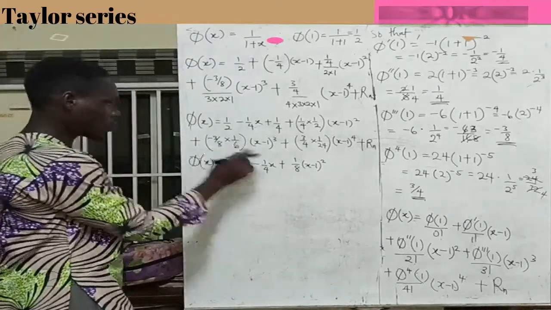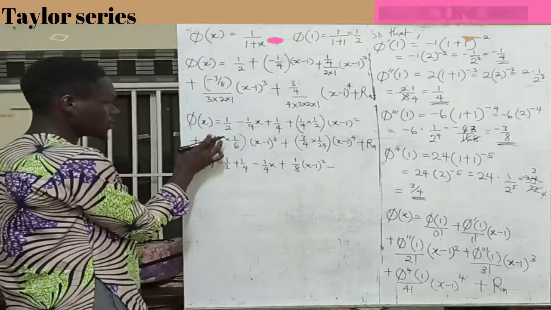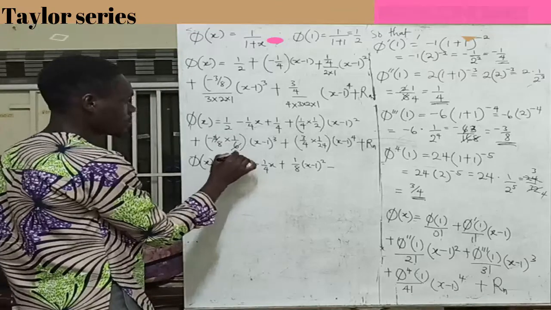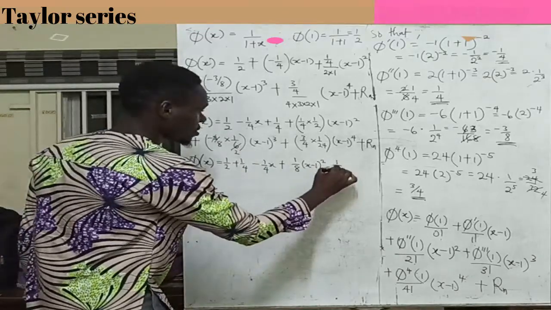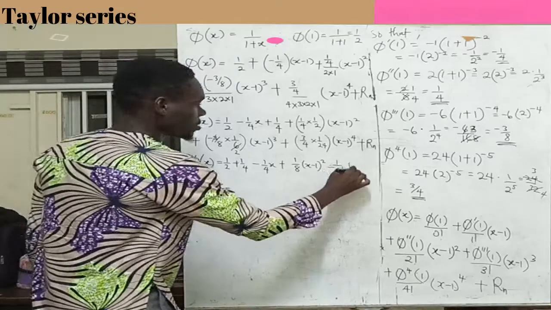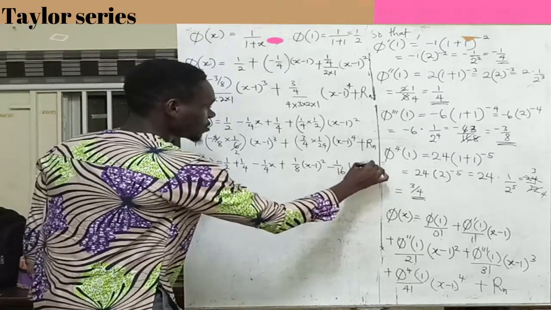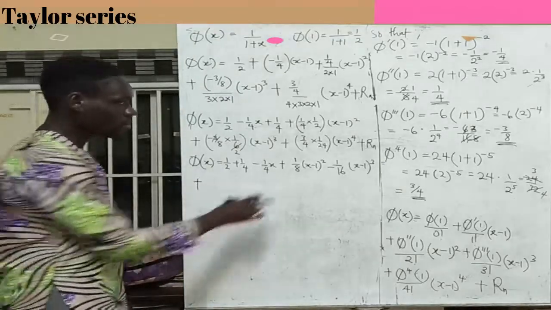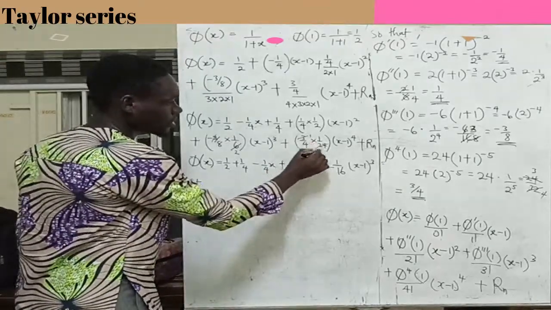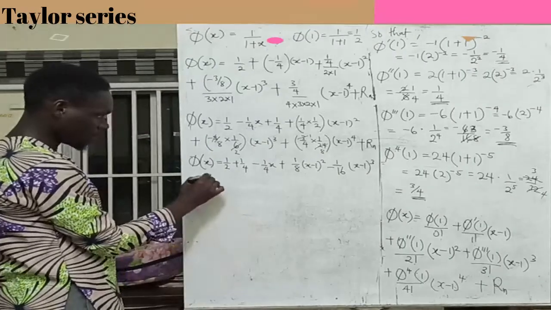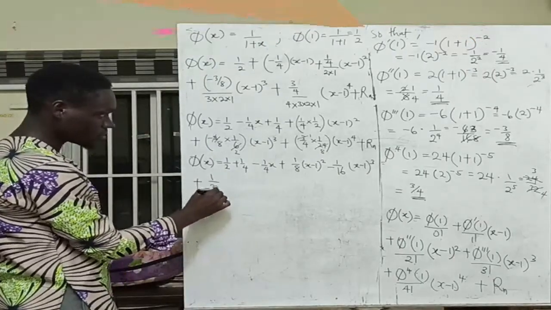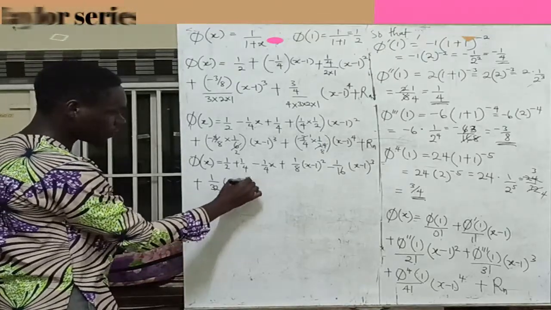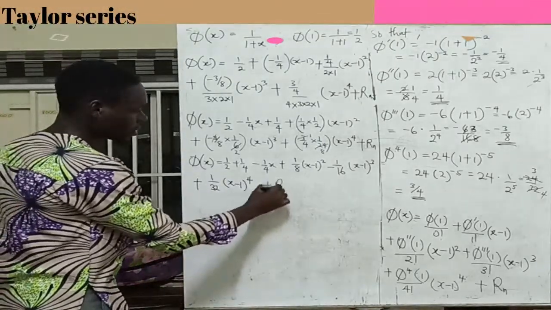Then here this becomes minus, this cancels this out. Here we have 2, and this becomes 1 over 16, x minus 1 to the power of 3, plus this here, this and this is 8, then we have 1 over 32, bracket x minus 1 raised to the power of 4 plus the remainder term.